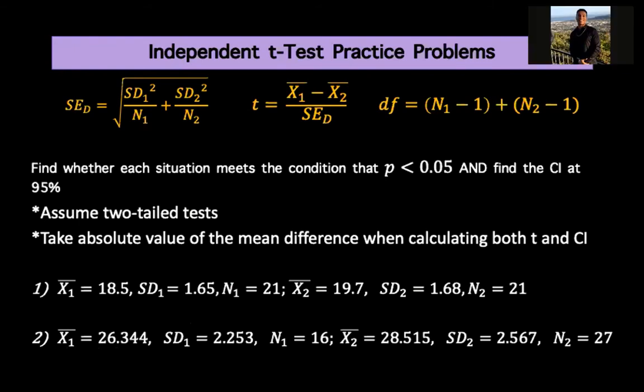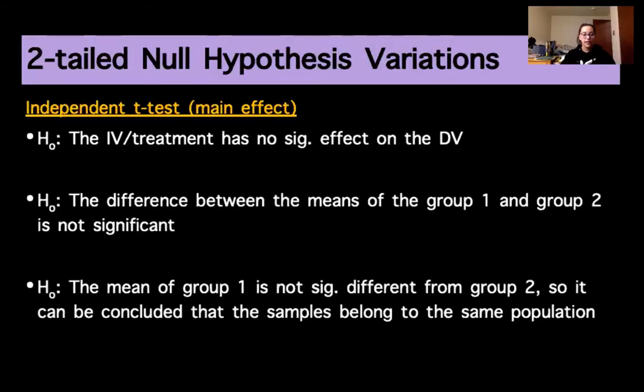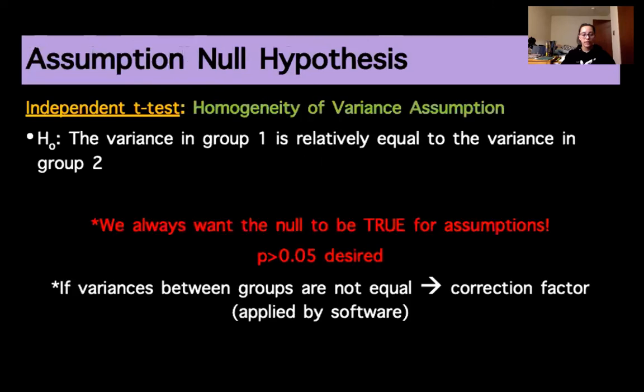Can you explain the difference between the homogeneity of variance assumption and the main effect? Yes. The main effect is looking at whether the sample means are equal or not. The homogeneity of variance is looking at whether the variability in the samples is equal or not.